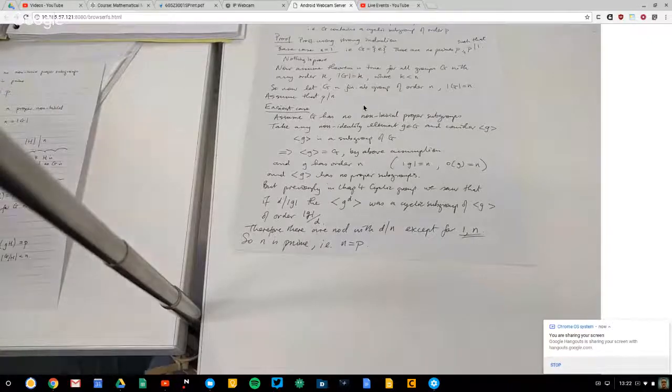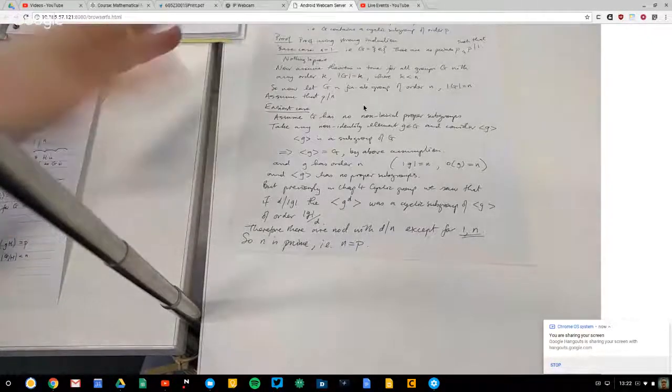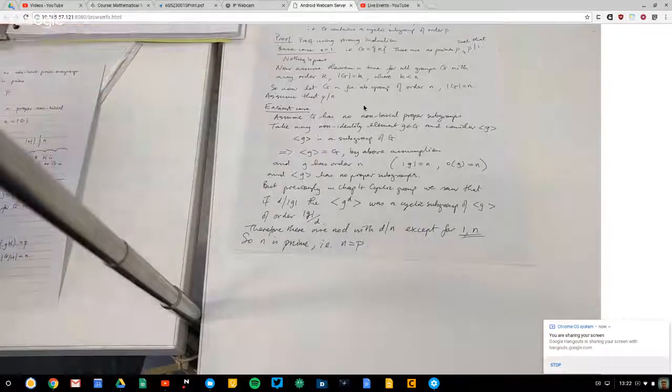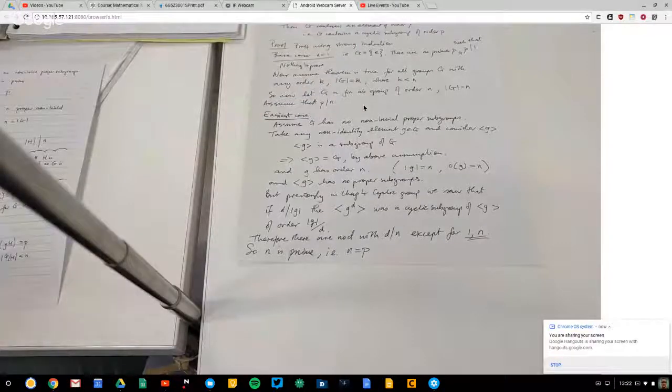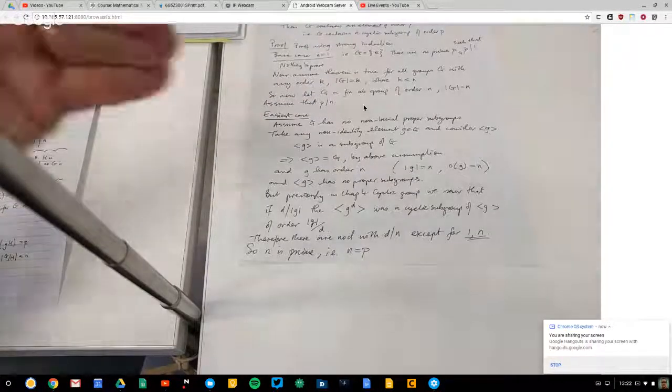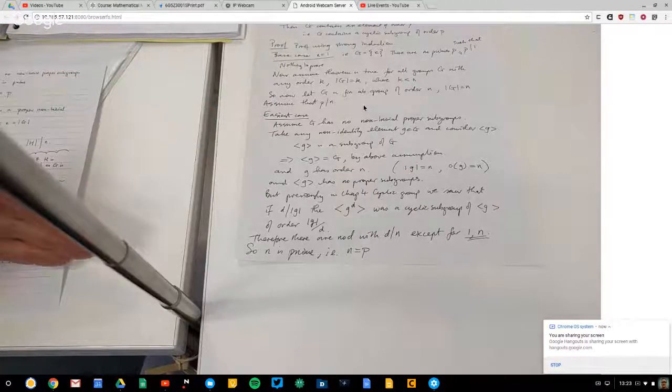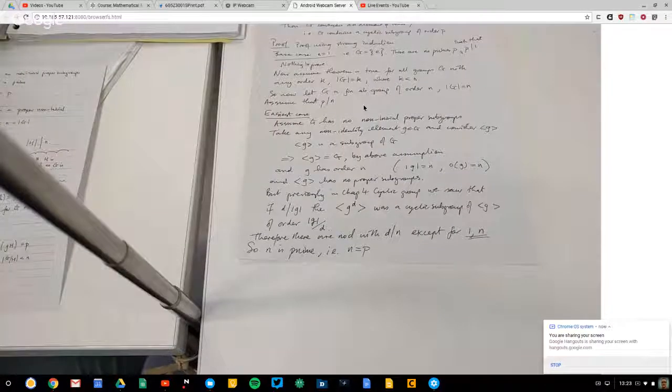So in this maybe not easiest case, in this initial case where we make an extra assumption that G is kind of boring, there are no non-trivial subgroups, therefore it must be a cyclic group of prime order. So this g is our element of order p that the lemma is asking for.